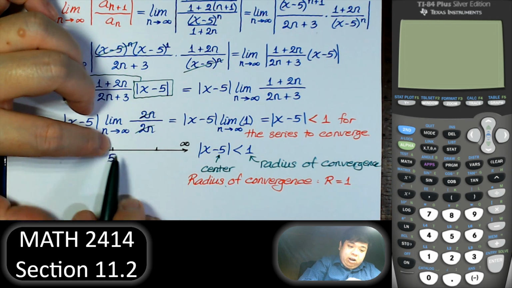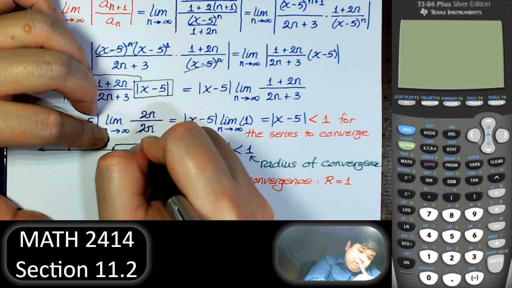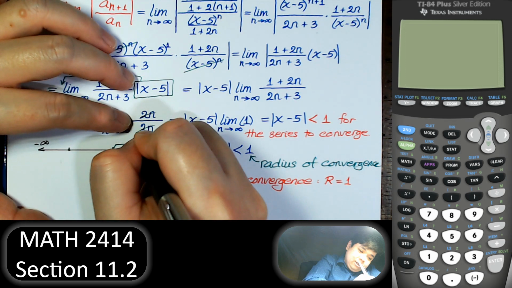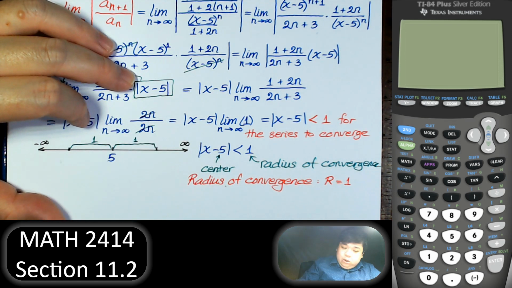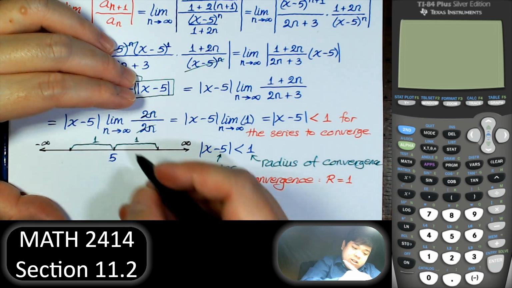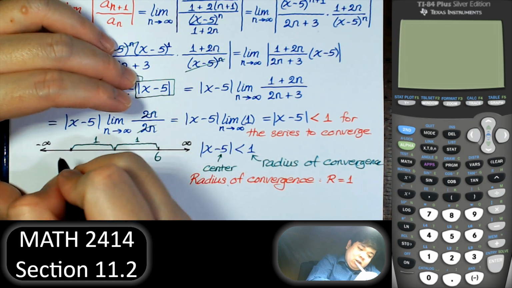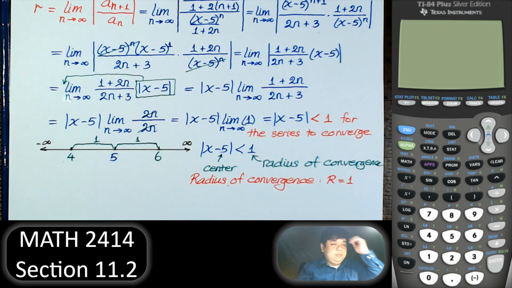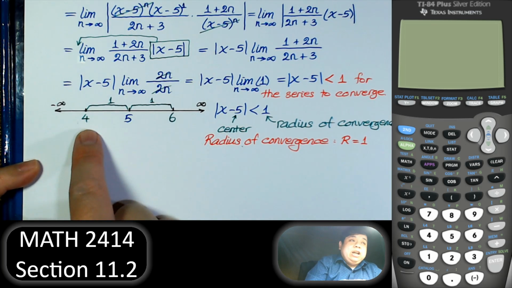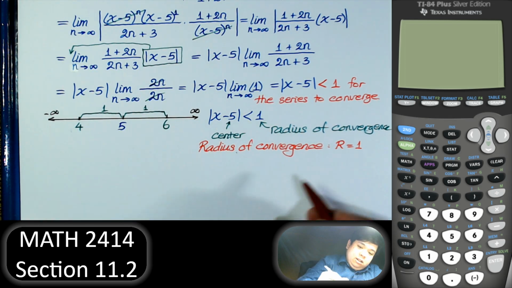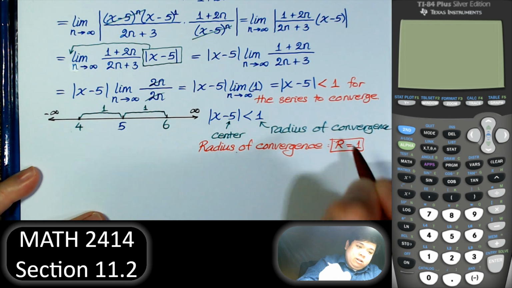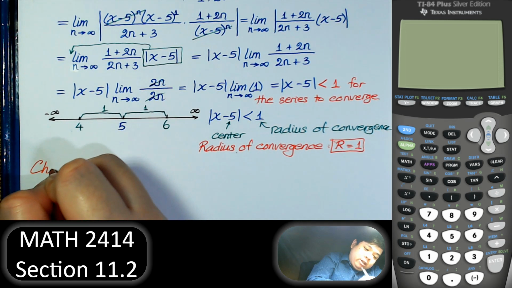So from the center of 5, we go 1 up, 1 down. Adding 1 gives us 6, and minus 1 gives us 4. Now, to find the interval of convergence, we need to check the boundaries, namely 4 and 6. Now check the boundaries.